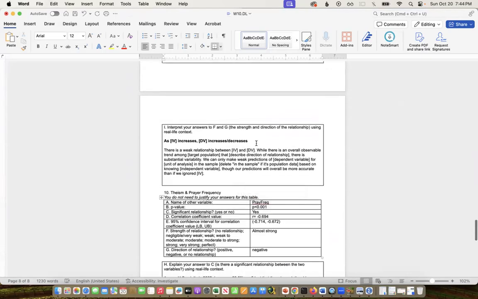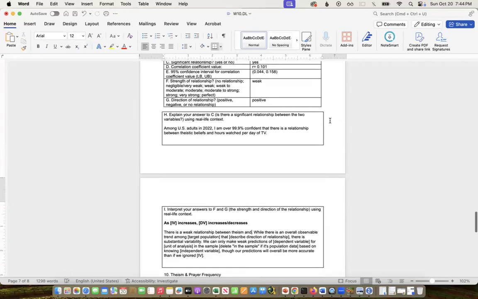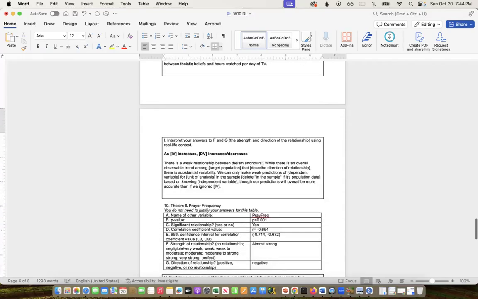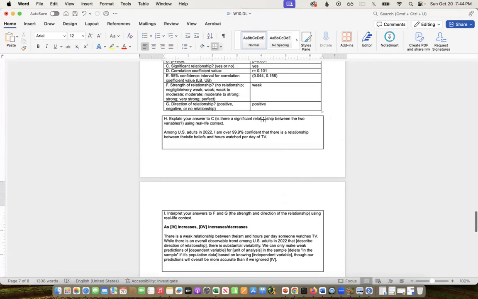Okay, so for the weak one, there is a weak relationship between theism and hours per day someone watches TV. While there is an overall observable trend among US adults in 2022 that, let's see, it is positive.